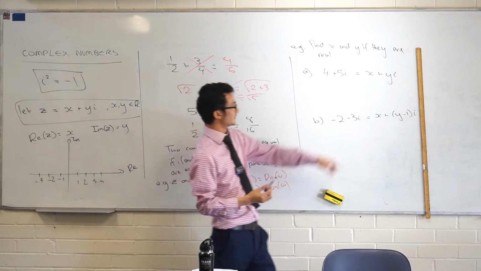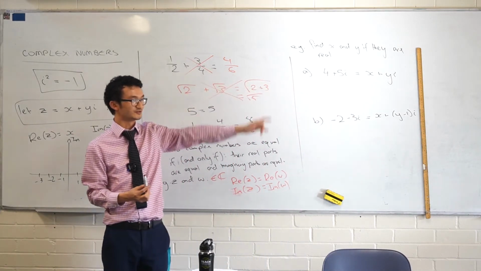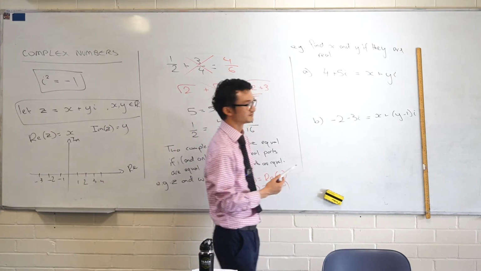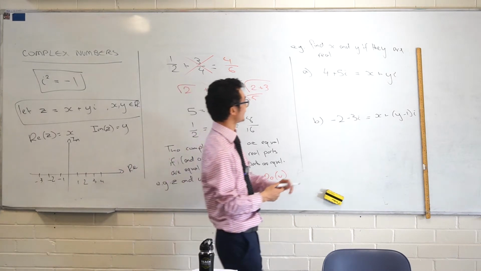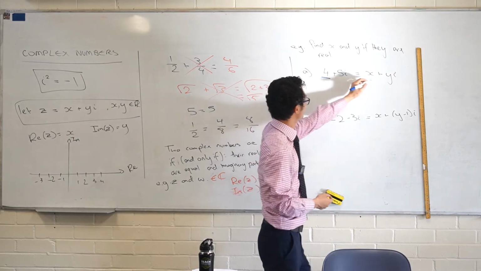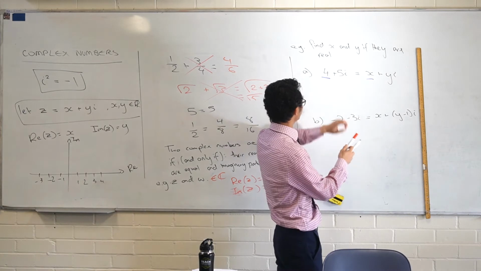When you're looking at this then, what can we do with these two values here, with X and Y? Separate them into two different equations. You can just say, hang on, what's the real part of this? Well, that's the real part. And what's the real part of this? X. It's just X. And what's the imaginary part of this?